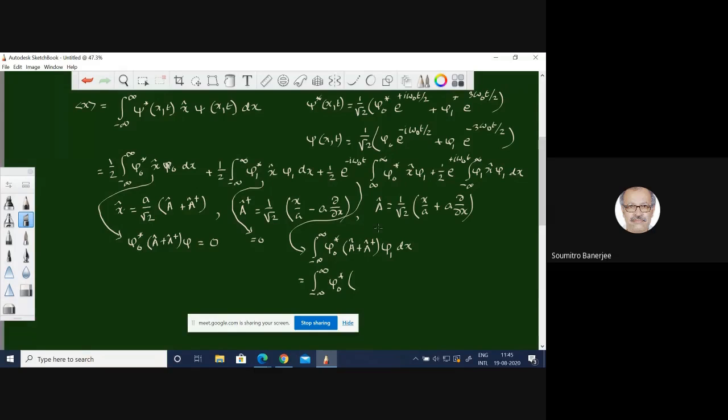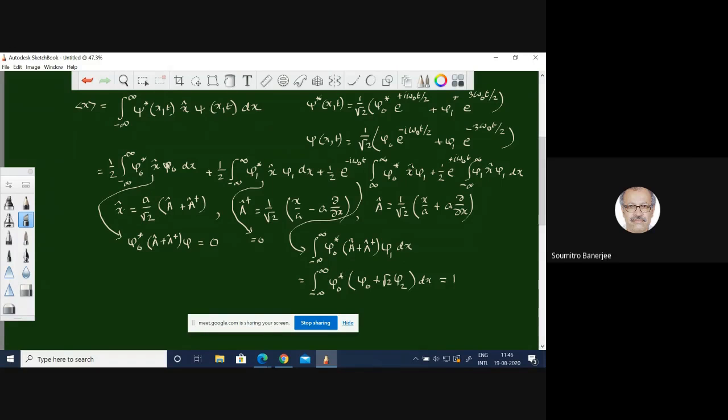So a operating on psi 1 will give psi naught, so that is the first term. The second term will become plus psi 2, with a root 2 up front. When you make the product with psi naught star and integrate, the first will become just 1 because psi naught is normalized. The second will become 0 because these two are orthogonal to each other. So simple.